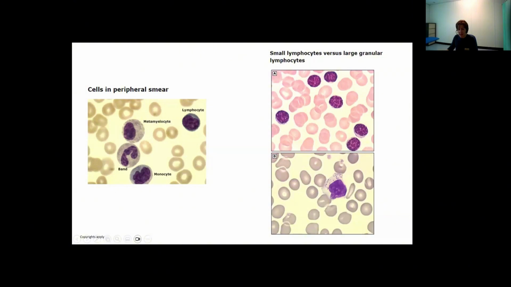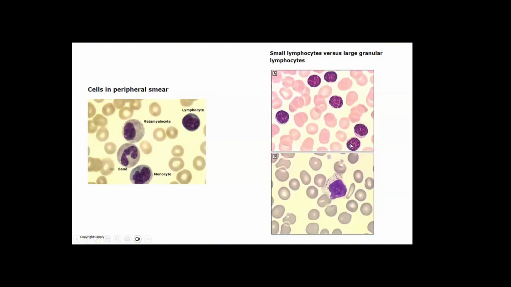But usually the lymphocytes are small, with a heavily stained condensed nucleus, whereas the large granular lymphocytes often have these clear granules in the cytoplasm, and can be upwards of 2 to 3 times the size of the red cells, so quite a lot bigger than these little small mature lymphocytes.